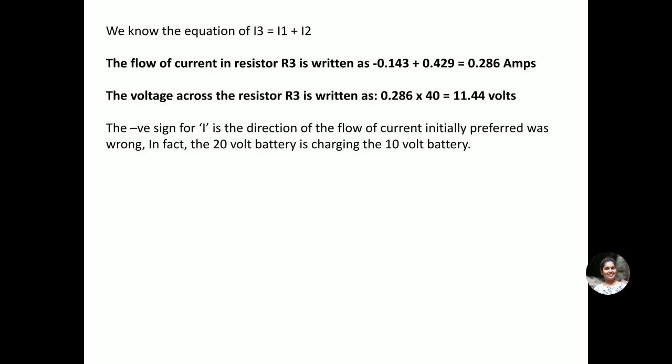Okay, so by applying KCL, I have calculated the value of current in the resistor R3, and with that I have calculated the value of voltage also by using the formula for Ohm's law.